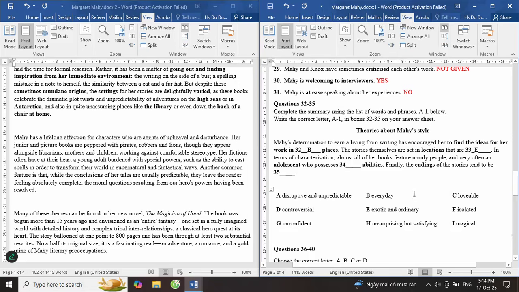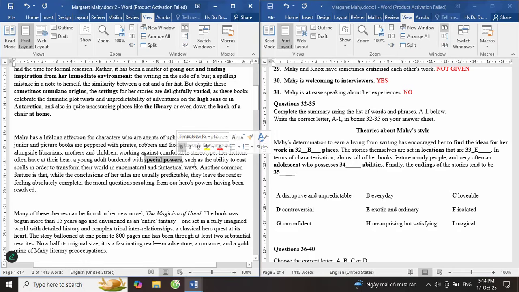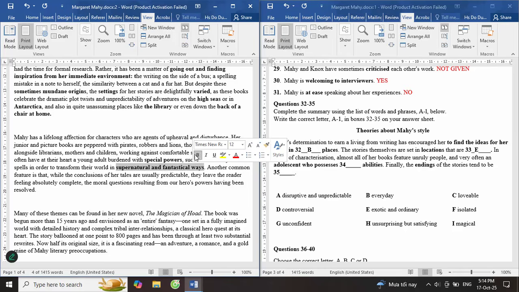There are a lot, but not all adjectives can describe ability. If we really read the answers, only I can describe ability. And the answer is in here too, such as special power, right? Ability to cast spells and supernatural and fantastical ways. So this implies I.